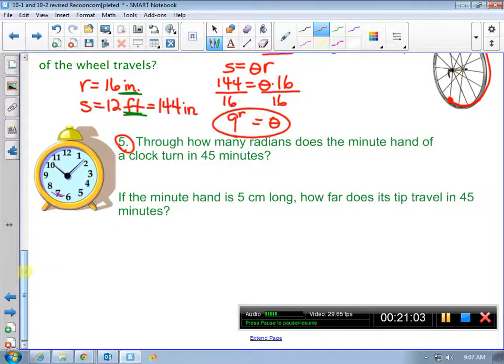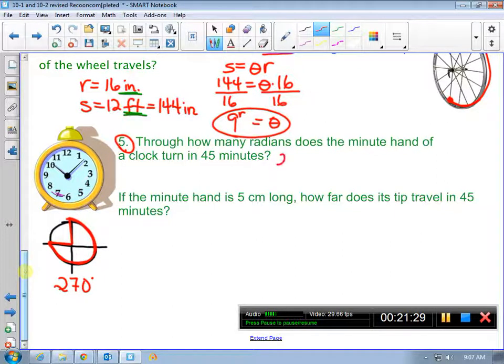All right, so our last question is a clock question. Through how many radians does the minute hand of a clock turn in 45 minutes? So in 45 minutes, our clock hand would be traveling that distance, right? Which is 270 degrees of the circle.